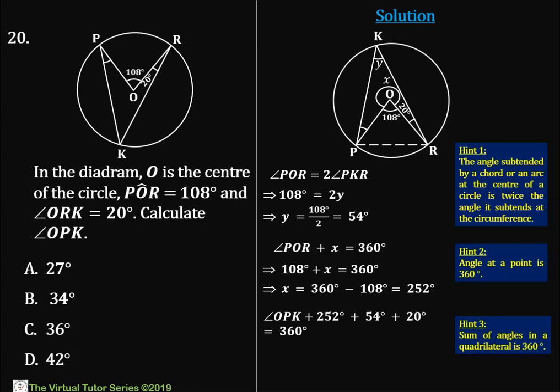So we have angle OPK plus 326 degrees to be equal to 360 degrees. Subtract 326 degrees from both sides of the equation, we have angle OPK to be equal to 360 degrees minus 326 degrees, which is 34 degrees. Therefore, the correct answer is option B.